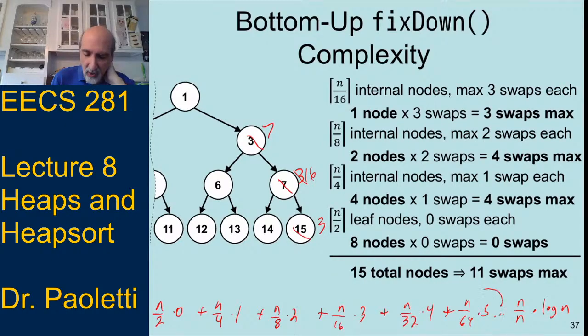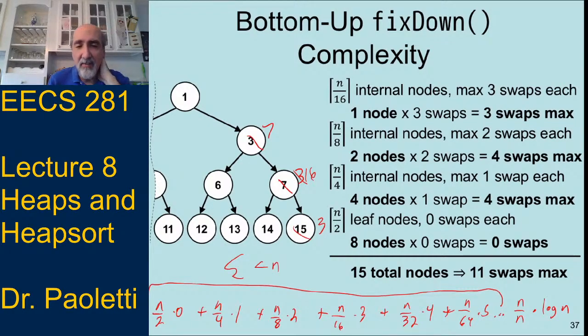Now, if you take all of these and sum them up, you're going to find this sum is slightly less than n, plus log n. Well, what's n plus log n? It's O of n.